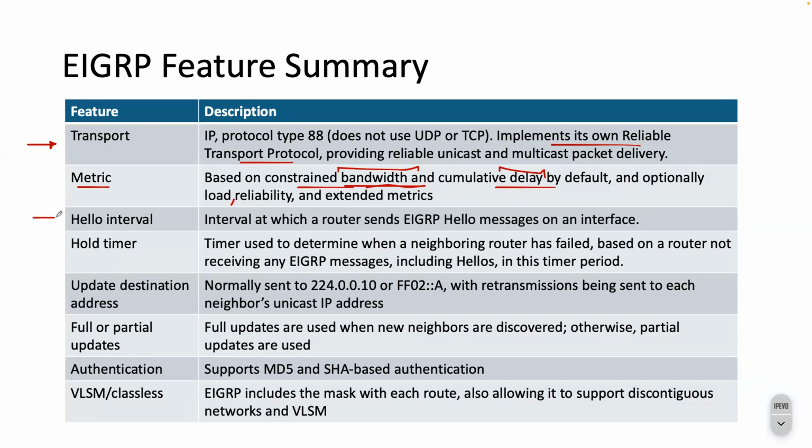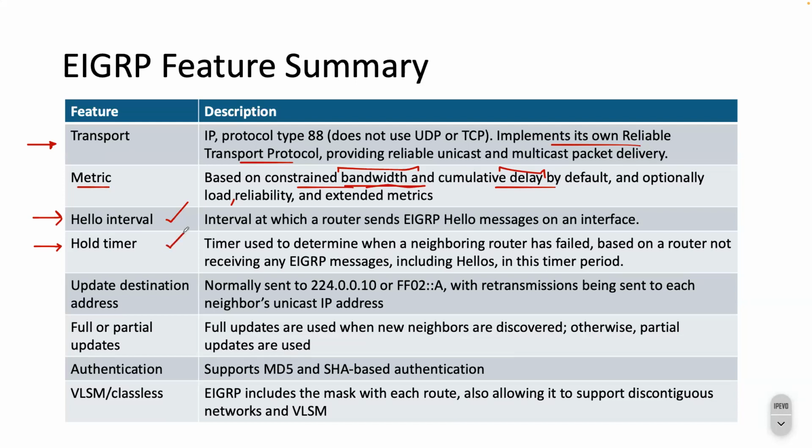Hello interval and hold down timer are used while forming the EIGRP neighborship between two routers. At a certain interval, each router will send hello packets towards its neighbor. That is known as your hello interval. Same way, 3 times the hello interval is by default the hold down timer.